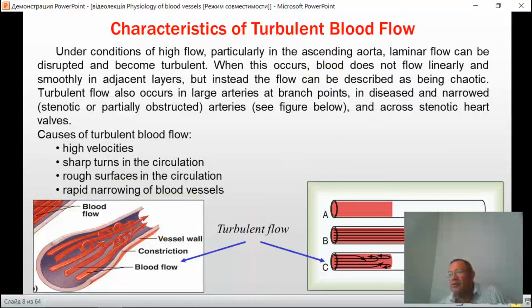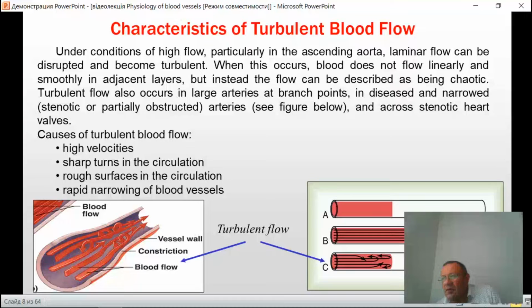Characteristic of turbulent blood flow. Under condition of higher flow, particularly in the ascending aorta, laminar flow can be disrupted and become turbulent. When this occurs, blood does not flow linearly and smoothly in just layers, but instead the flow can be described as being chaotic.